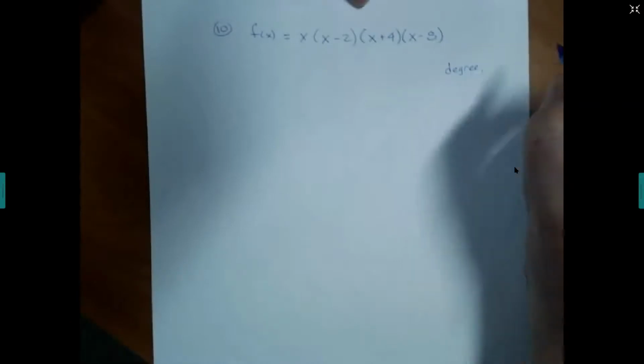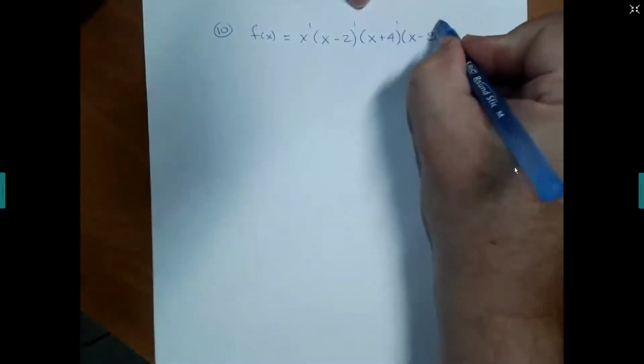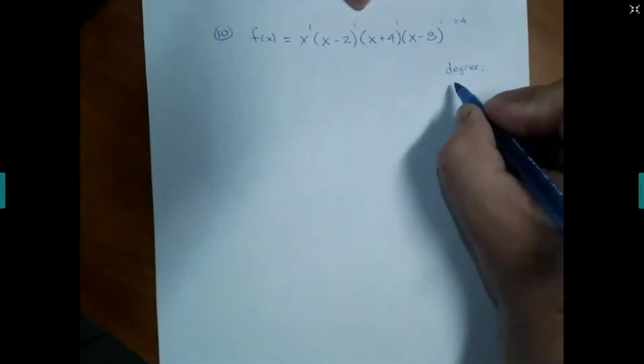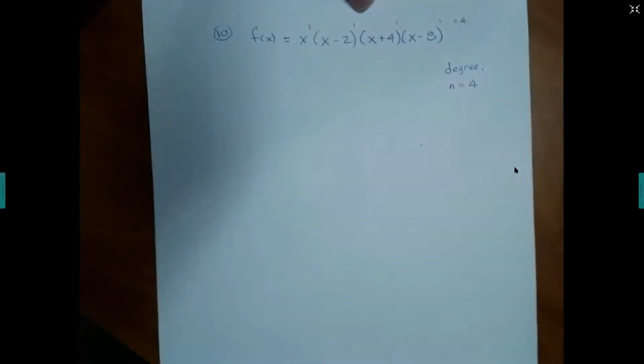So the degree is 1, 1, 1, 1. So the degree is 4. So add up all the multiplicities, that tells you what the degree is.